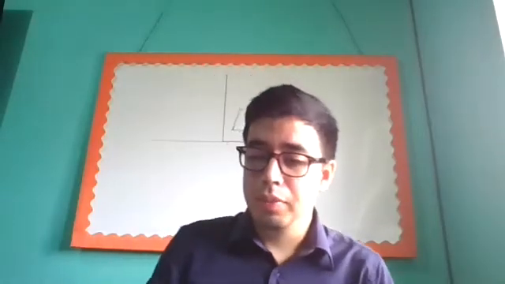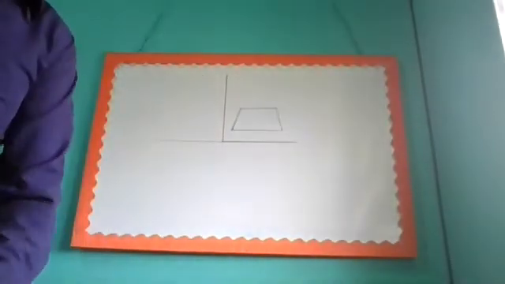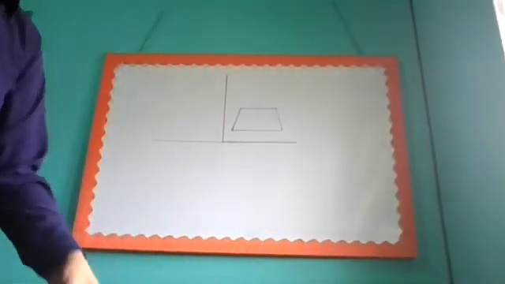Okay. So for the first one, use a protractor to draw a angle of 90 degrees in the counterclockwise direction. So what are you going to do? First, you draw the ray.